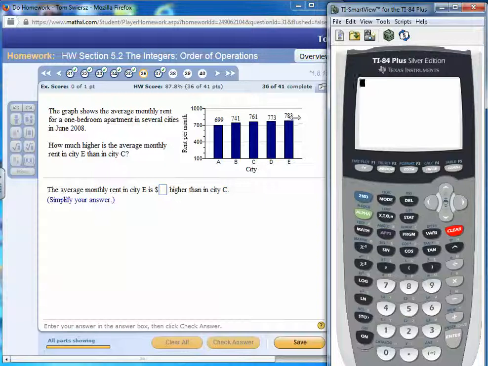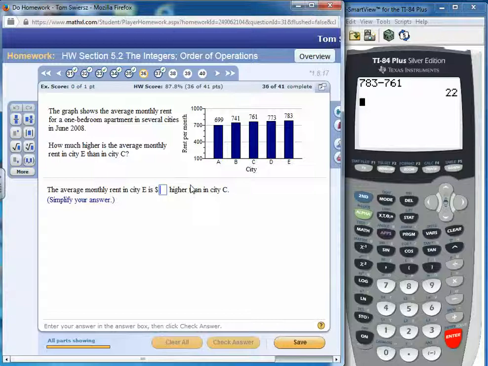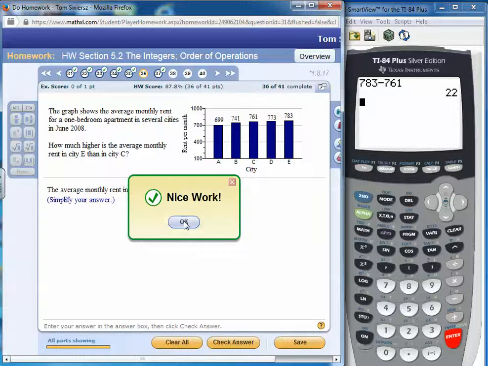In city E, the rent bar goes to 783, and to find the difference, we subtract city C, which is 761 according to the chart. So it would be $22 more expensive in city E than city C.